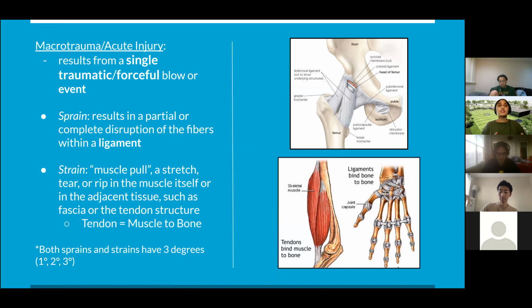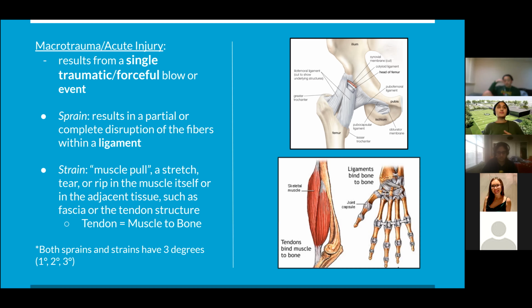They result from a single traumatic forceful blow or event. So this means that something happens that causes an injury. Generally, any macrotrauma or acute injury will have some sort of mechanism of injury. There's a moment in time where you didn't have the injury, and then something happens, and the next second you have that injury. So that's what a macrotrauma or acute injury is.